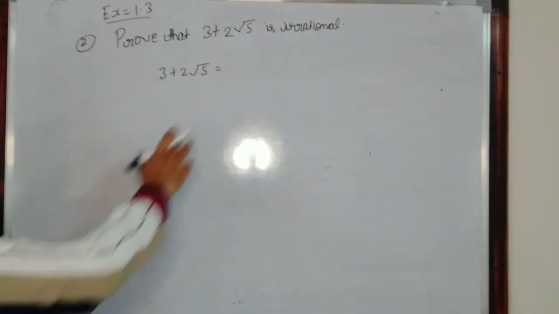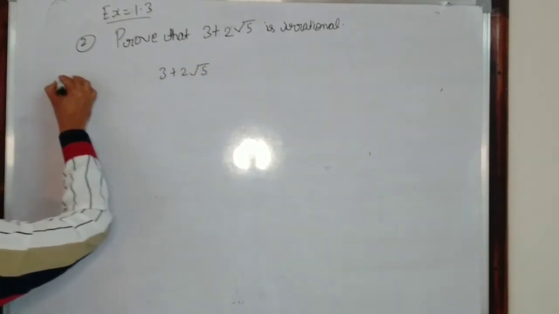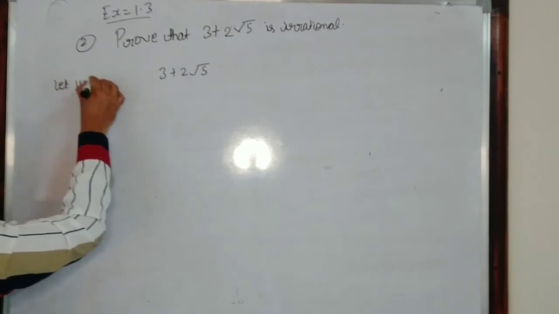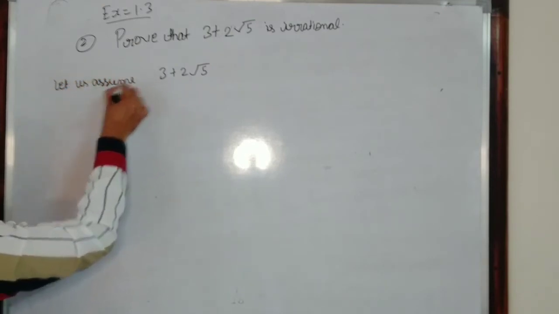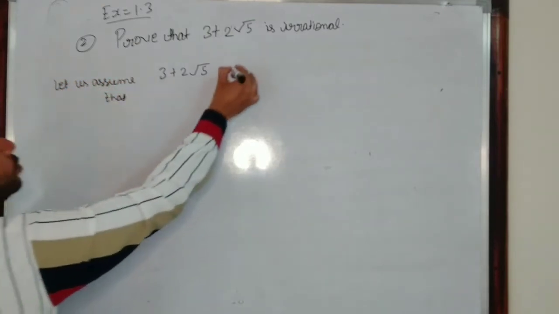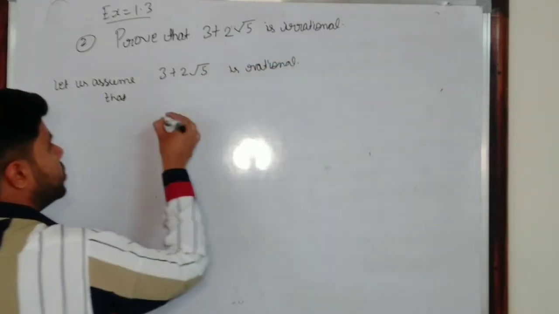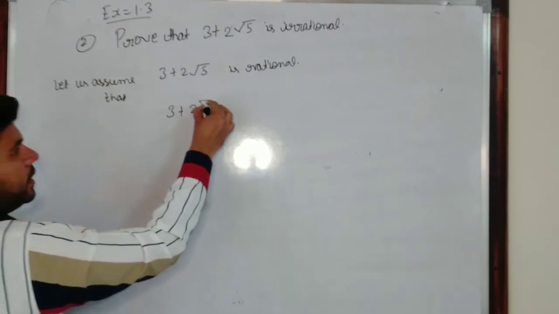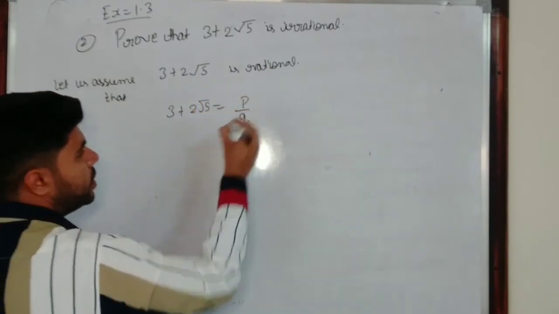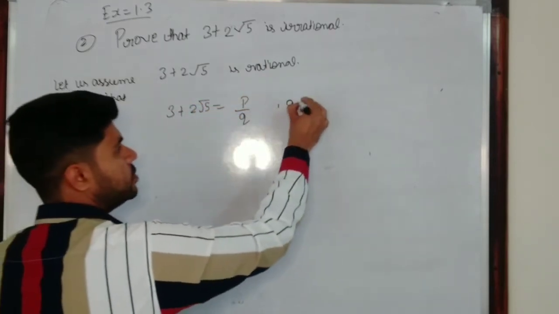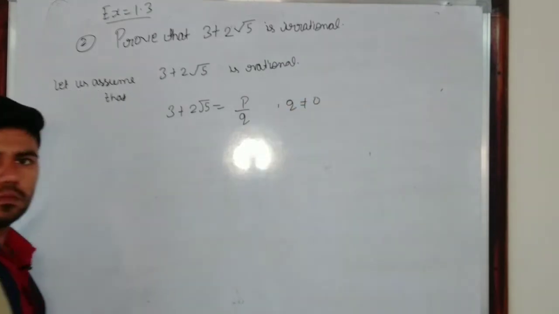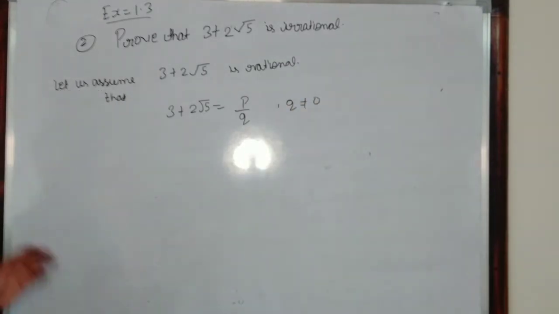First, let us assume that 3 plus 2 root 5 is rational. Then it can be written in the form p upon q, where q is not equal to 0, simply like in the previous one.